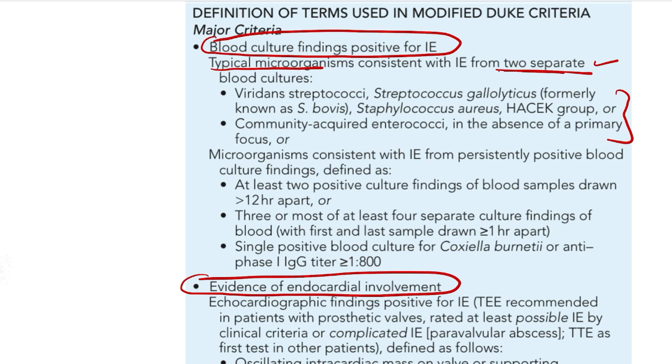Microorganism consistent with infective endocarditis from previously positive blood culture finding, defined as at least two positive culture findings of blood samples drawn more than 12 hours apart, three or more of at least four separate culture findings of blood, and a single positive blood culture for Coxiella burnetii or anti-phase I IgG titers more than 1:800. Okay, so this is blood culture finding positive for infective endocarditis.